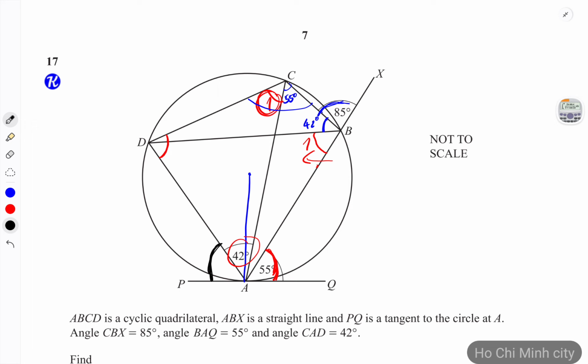All right. So this angle is going to be the angle between the tangent and the chord AD. So it is equivalent to the angle that is subtended by that chord, and that is the angle B1.